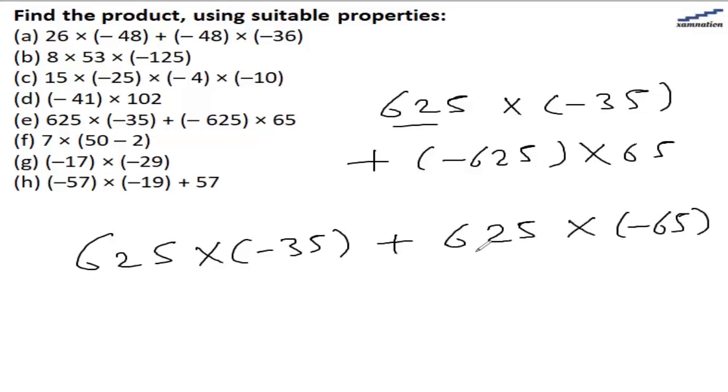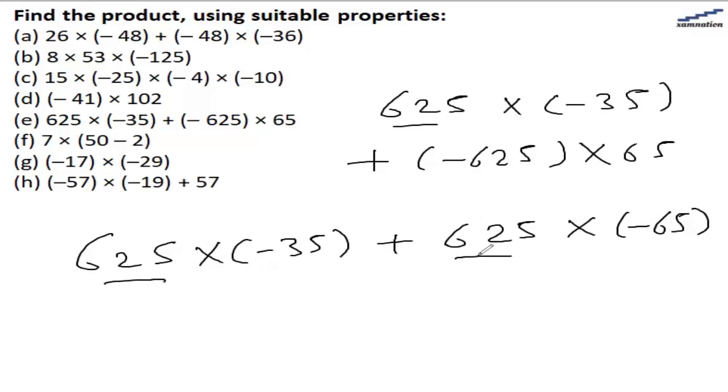What we have done is transformed the sign, moving it from 625 to 65. Because when we multiply minus 625 with 65 or 625 with minus 65, the answer and the sign remain the same.